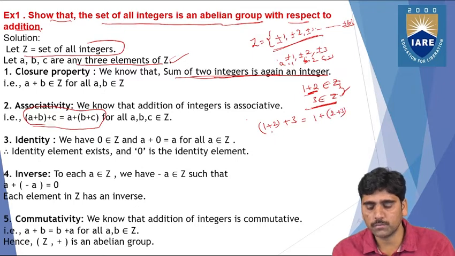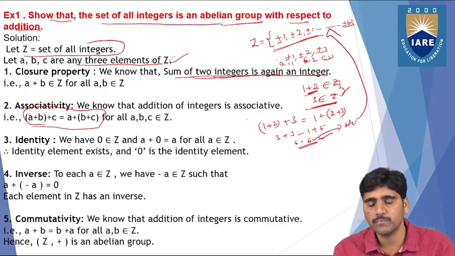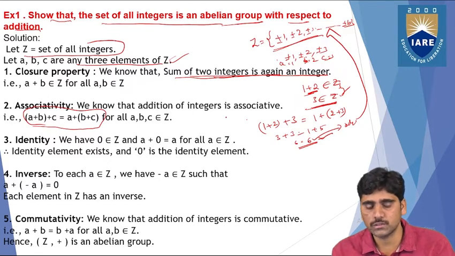So what will you get? 1 plus 2 is nothing but 3, plus 3, is 6. And 2 plus 3 is 5, and 1 plus 5 is 6. So hence it satisfies the associative property, and 6 is also an integer related to this group. So you can say that the associative property is satisfied.